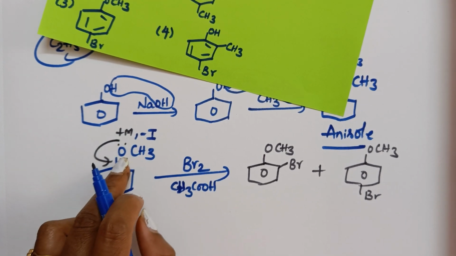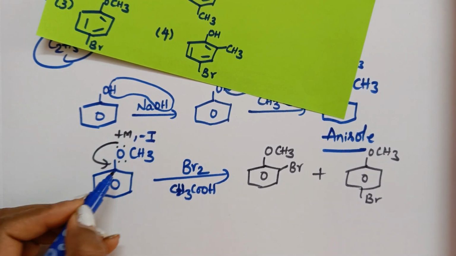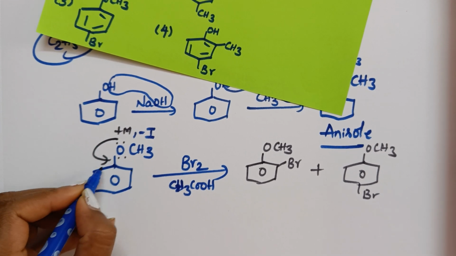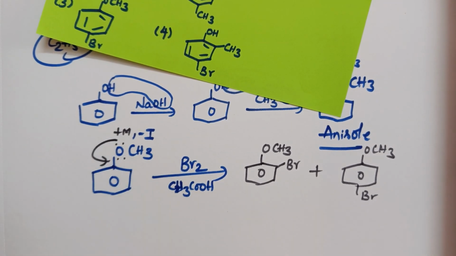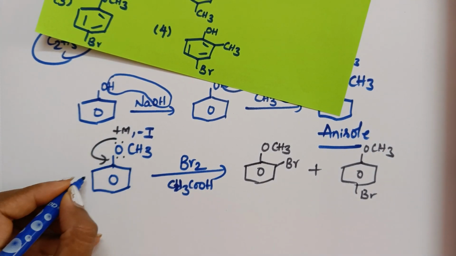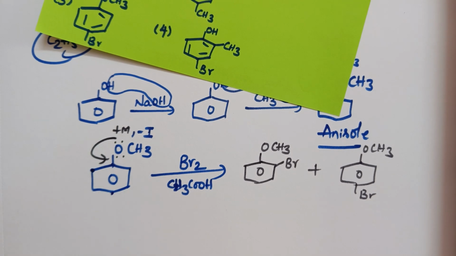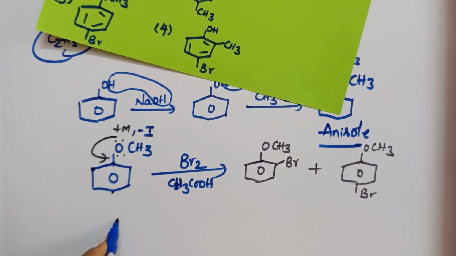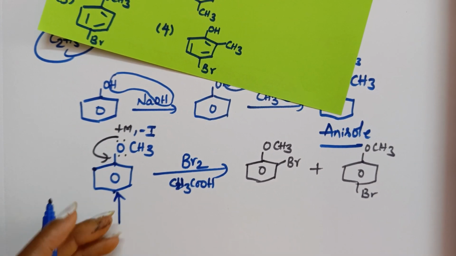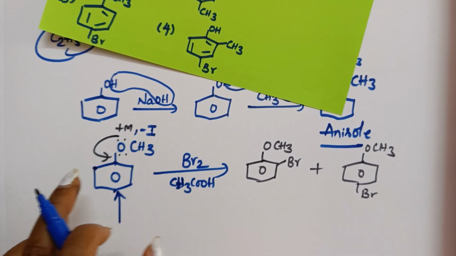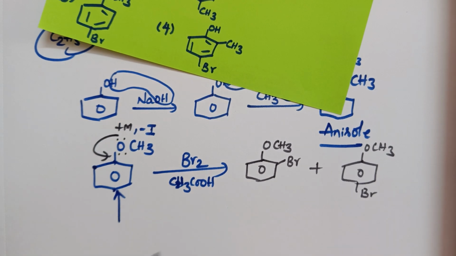It is an electronegative atom, so minus I. When it is drawing electrons, it draws them from this side. Inductive effect is a distance dependent effect, so its effect is more on the near position and less at a far distance. So the electrophile can come and attack more on this position, because there is more electron density, as it is a withdrawing group; it draws more from the ortho position.